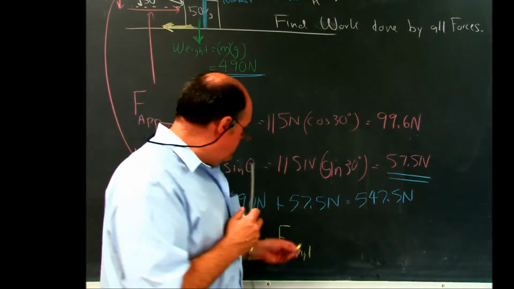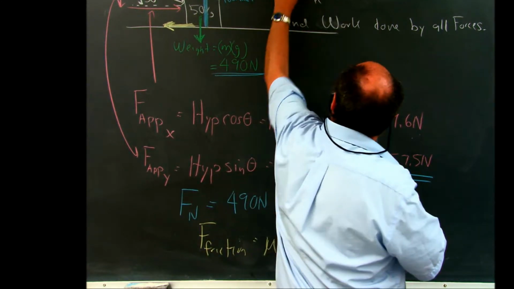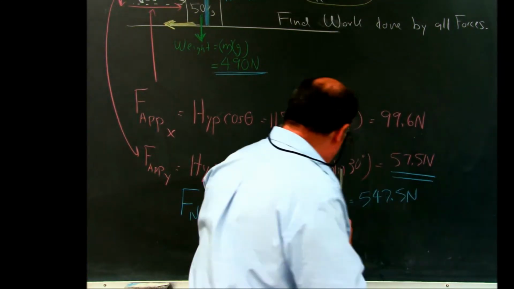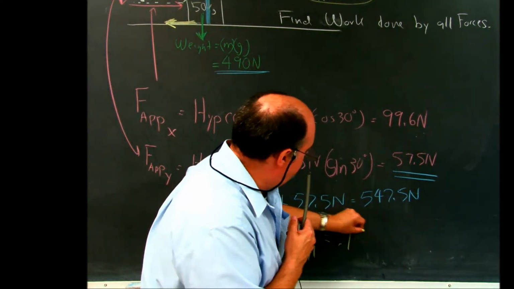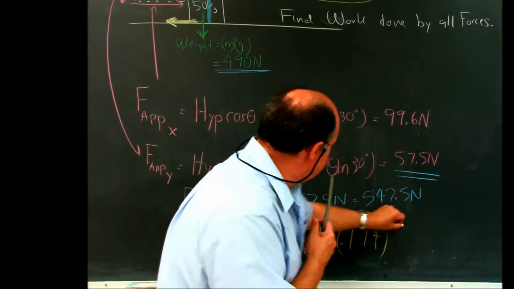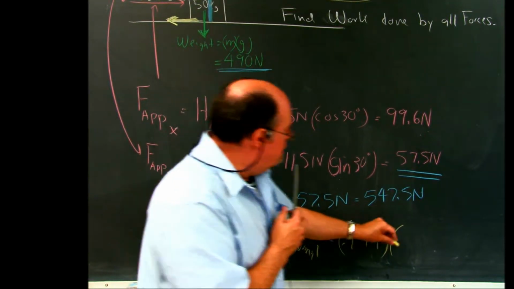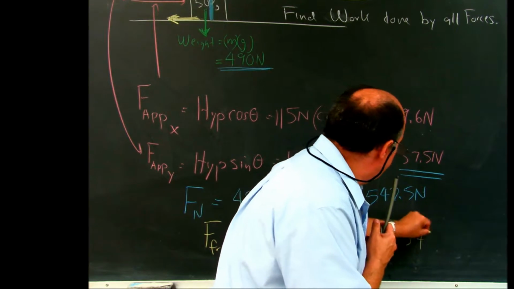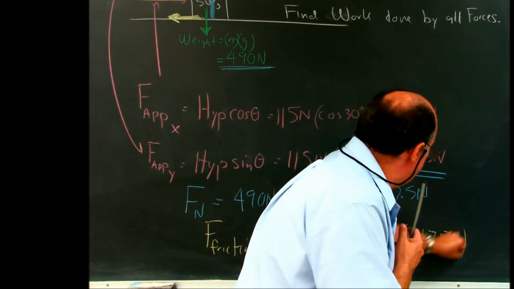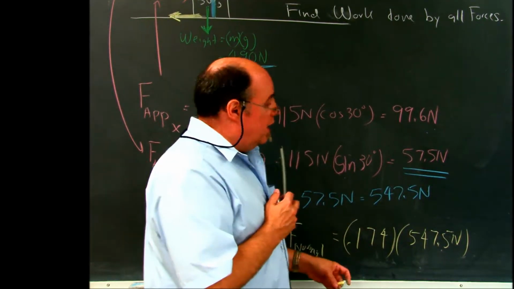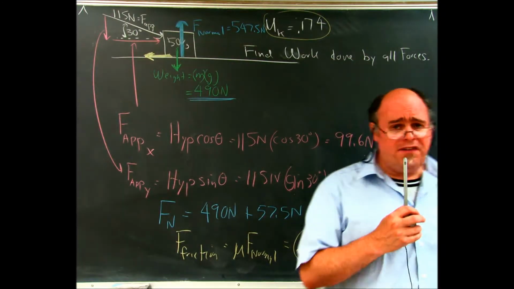In this case, you just plug it in. Mu is given up here, so it's going to equal 0.174 times the normal force, which was right above it, 547.5 newtons, and when I plug those things in, I will get 95.3.